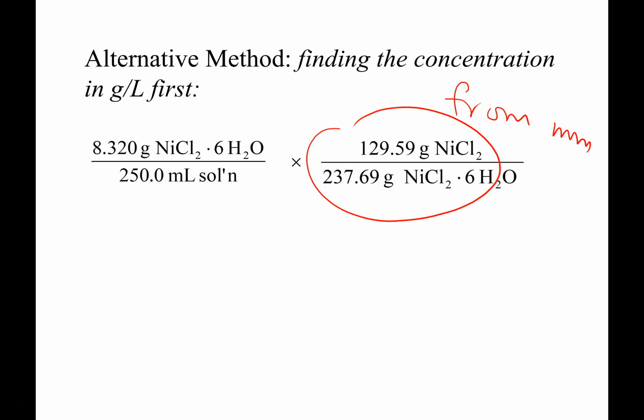In that case, our grams of the hydrated salt, grams of nickel 2 chloride hexahydrate, cancel, and we actually were almost there. Unit-wise, we have grams of NiCl2 per milliliter solution. We have to, of course, introduce one more term, 1,000 milliliters over 1 liter. And now my milliliters will cancel, and we have units of liter in the denominator.